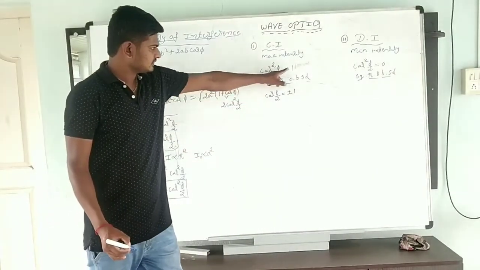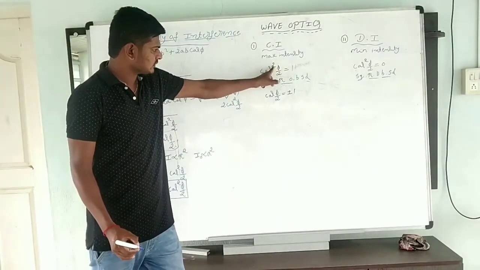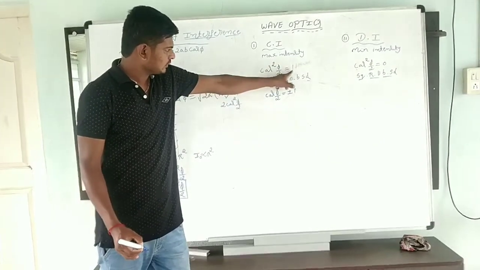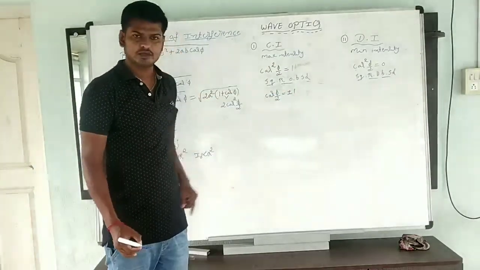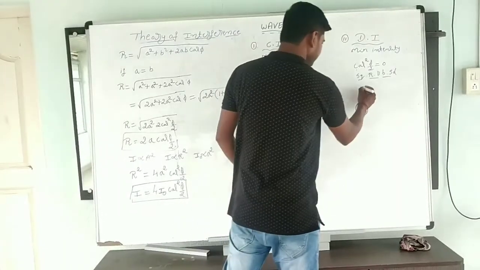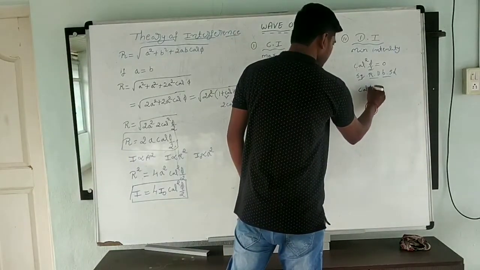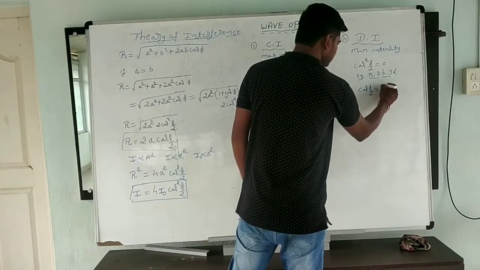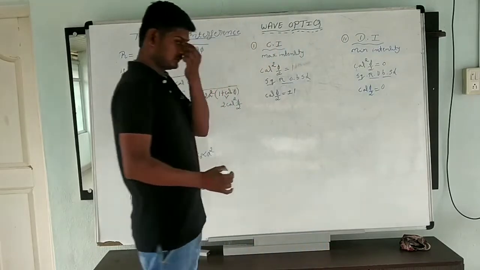When I take the square root, the square and the square root cancel, and the square root of 1 is plus or minus 1. Again here, cos pi by 2 is equal to 0.